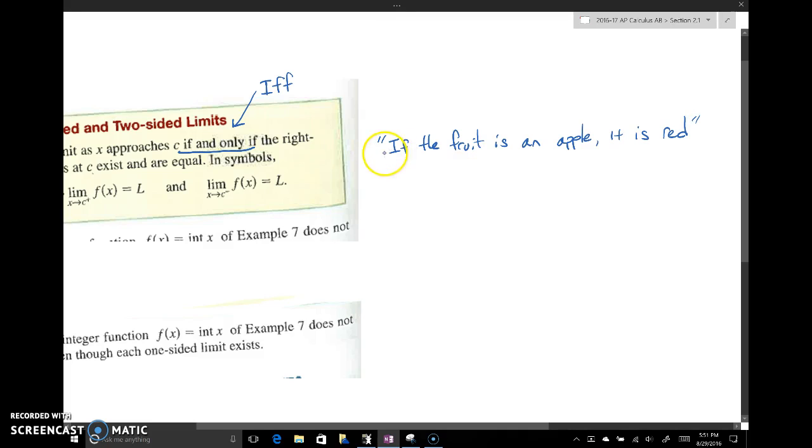Okay, so that's not if and only if, that's just if. If the fruit is an apple, then it is red. The backwards statement of that, if it is red, then it is an apple. And that's not necessarily true.